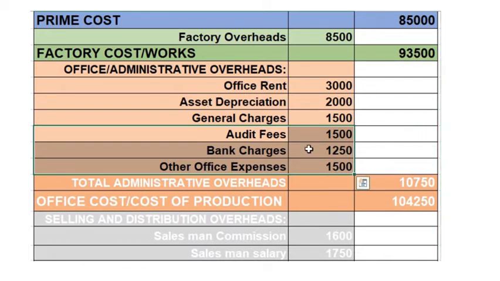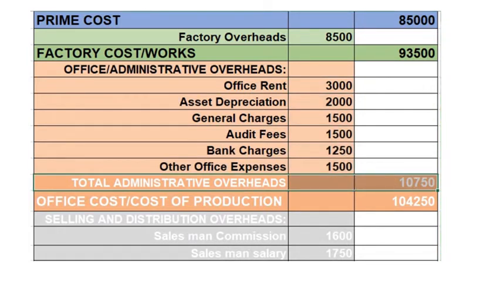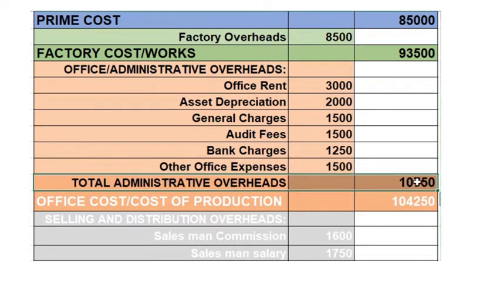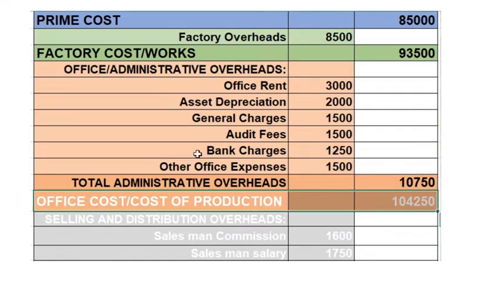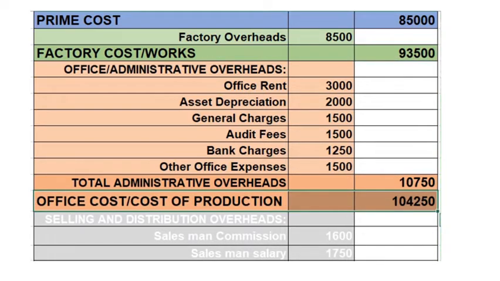So all these things are related to your office and administration. So the sum of all these things is your total office and administrative overheads. Then to find the office cost, you have to sum this factory cost plus total administrative overheads 10,750 to get the office cost or cost of production.